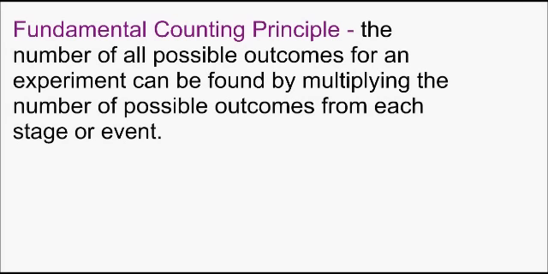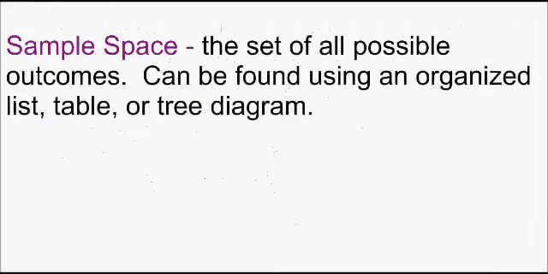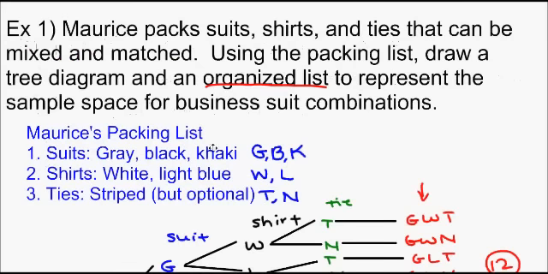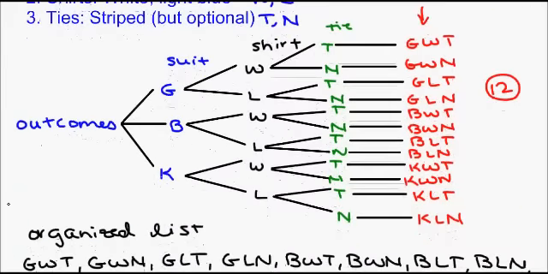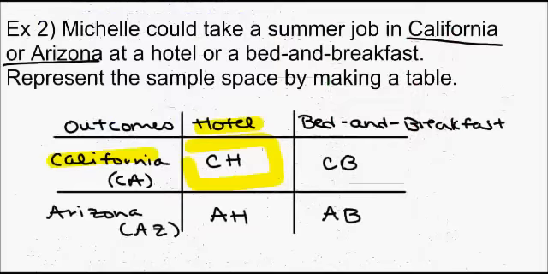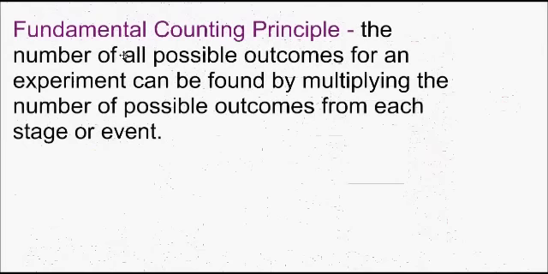So for instance, in that first example, maybe Maurice didn't have just 12 possible outcomes because maybe he'd had, instead of 3 suits, maybe he has like 6 suits, and instead of 2 shirts, he has 7 shirts, and then he has 15 ties to choose from, and he wants to know, how many outfits can I get? Well, you could sit there and make a tree diagram all day, but I wouldn't personally want to do that. So that's where the fundamental counting principle comes in. It makes things a lot easier.